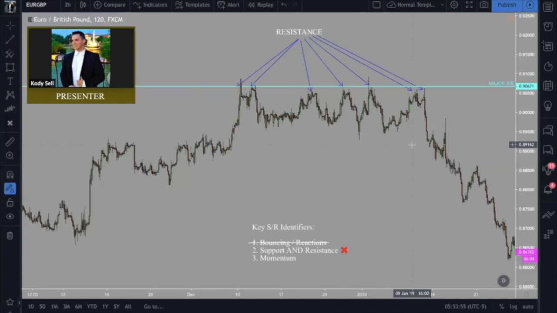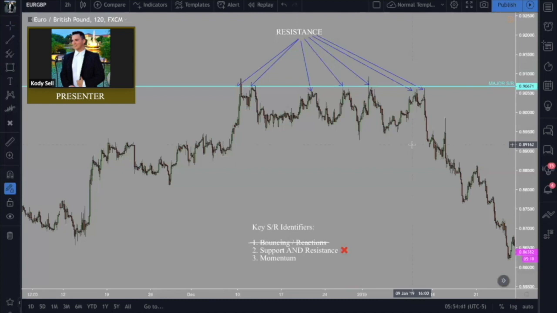So even though this may appear to be a very strong level in the market, because you can't actually ensure yourself that it is a significant support and resistance because you don't have all of these identifiers marked off, you may want to hold back from trading it when price gets back up here because you don't know how it will react. You could very easily see price go right through this, and if you look to take a sell from here, you might lose.